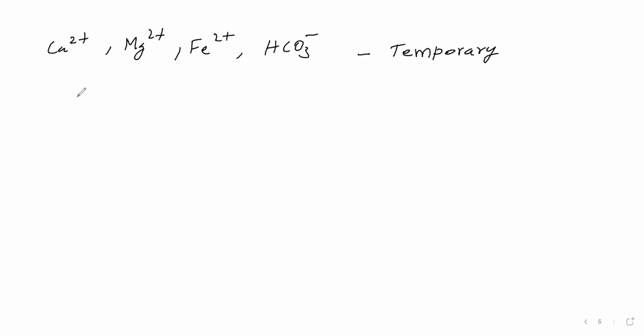Next, we will take water in which calcium is present, magnesium is present, ferrous is present, and the anion is chloride, sulfate, like this. These salts cause permanent hardness to the water.